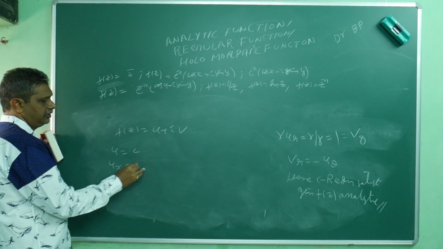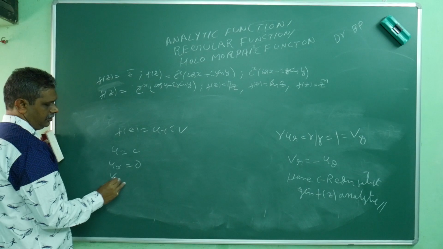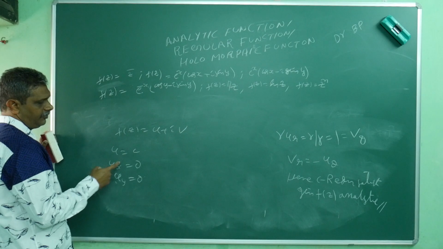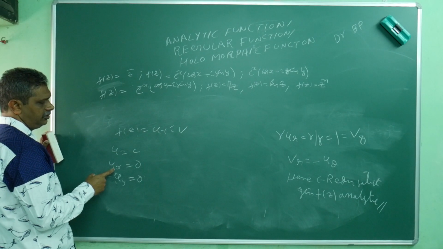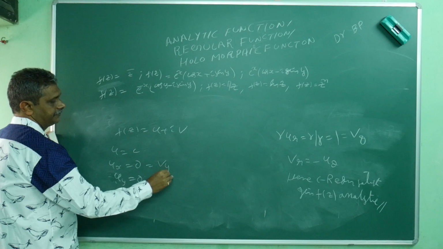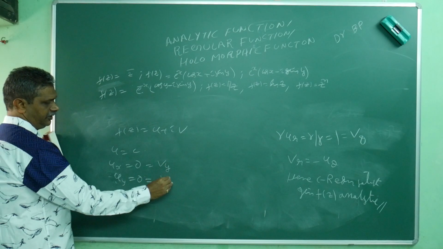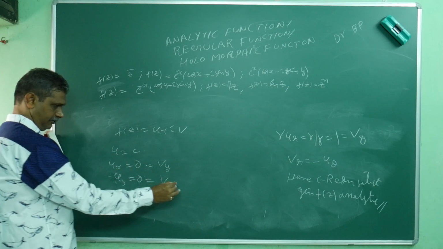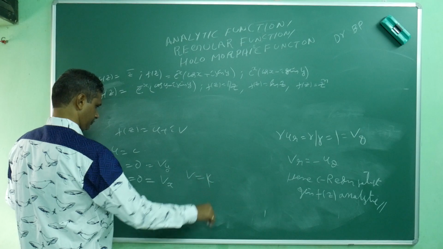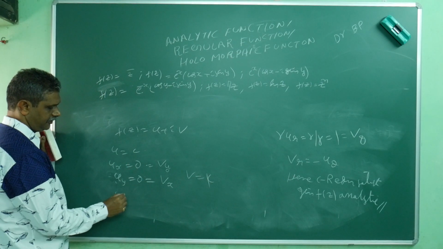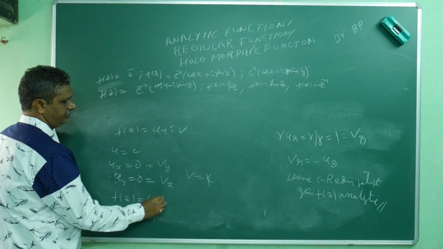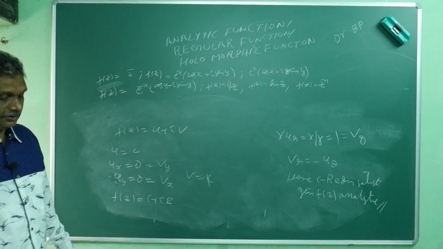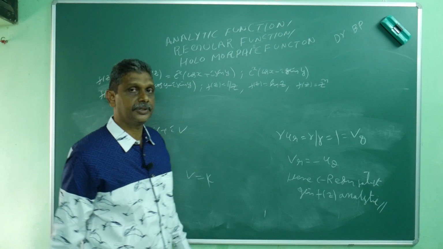So ux is equal to 0, uy is equal to 0, because the real part is constant. Ux is equal to 0 means that is nothing but vy. Then uy means vx. So vx also 0, vy also 0, which means the total v also constant. U also constant, v also constant, means f of z is c plus ik. So f also constant, then function modulus also constant. Similarly you can do. This is a somewhat important question.